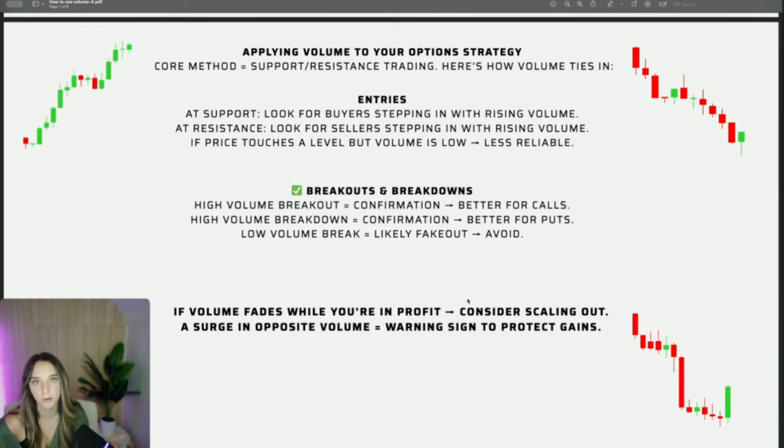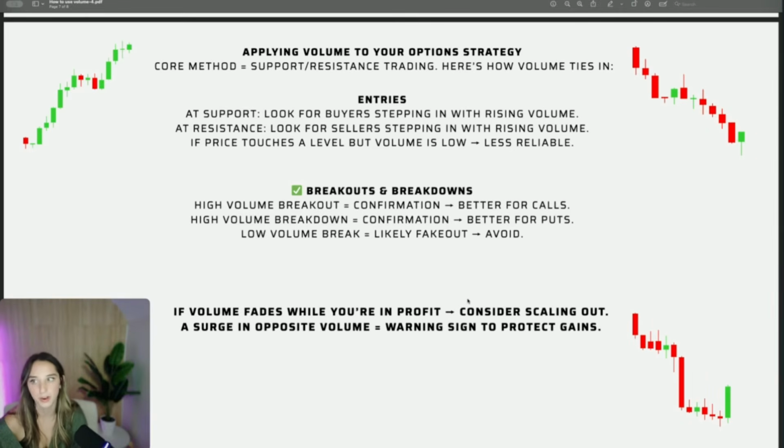What I'm going to look for to confirm that move is buyers stepping in. I want to see volume rising, and I want to see more buyers than sellers starting to come in at that key level. If I don't see that, but the setup is still forming, I'm not even going to take that trade, because that is showing me price may be trying to fake out some traders there. So why would I take that?